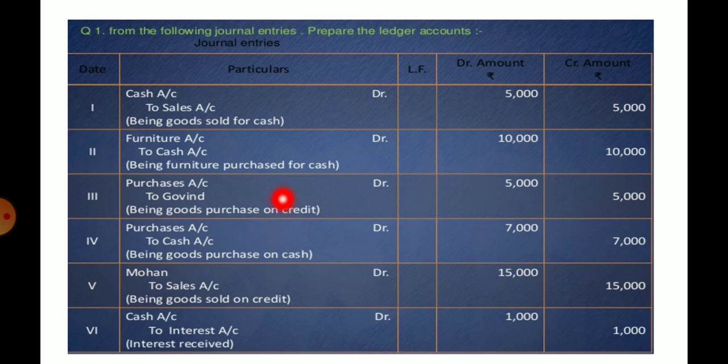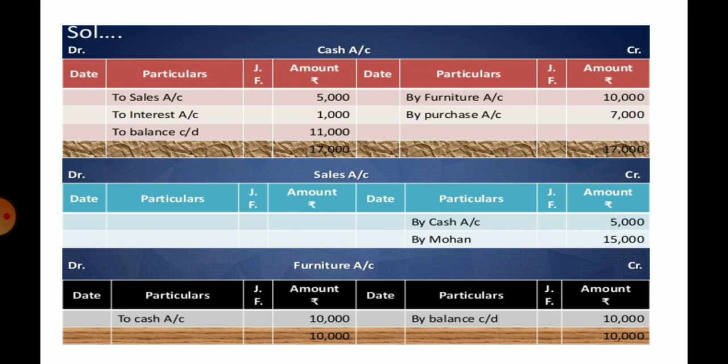Now purchases to goods. This entry does not contain any cash transaction, so we will discuss it later; we only discuss cash first. Purchases account to cash account: cash here is on the credit side, so the related account should be posted on the credit side.